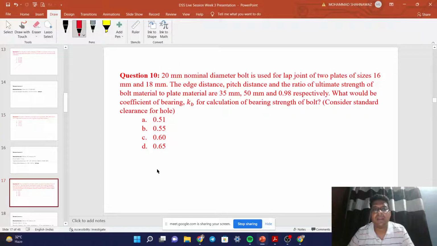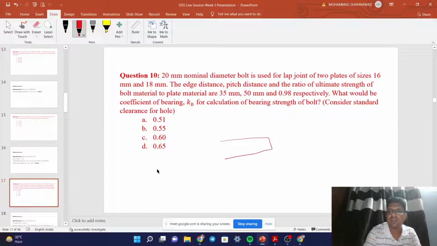Now, question number 10. 20 nominal diameter bolt is used for lap joint of two plates of sizes 16 and 18. So here, what is there? So two plates are there. Let's say it is of thickness 16 and it is of thickness 18.